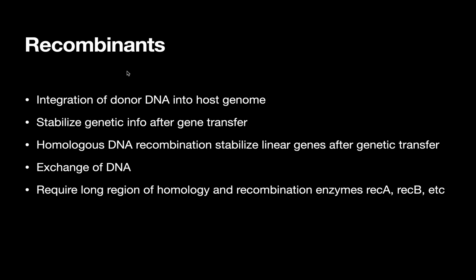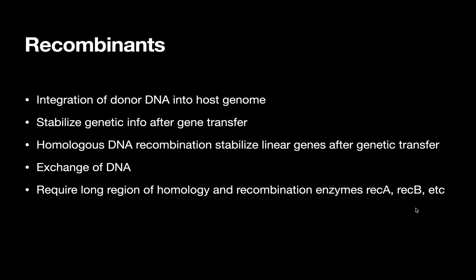Okay, so recombinants are going to be the integration of donor DNA into the host genome. Like I said, the homologous DNA recombination is going to occur for the exchange of DNA, and there are going to be recombination enzymes needed.